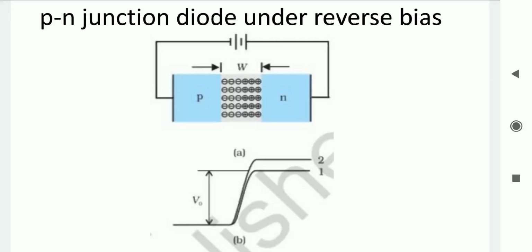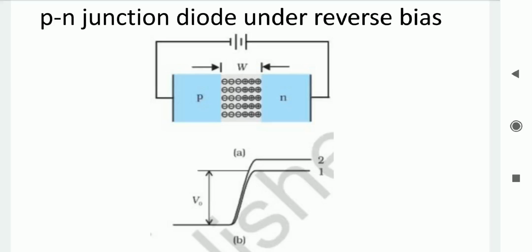So here, carriers cannot cross the junction and cannot move from N to P or P to N side. So here, the diffusion current will decrease compared to the forward bias condition.